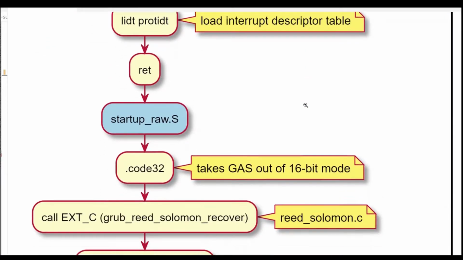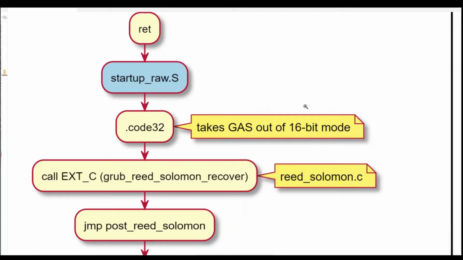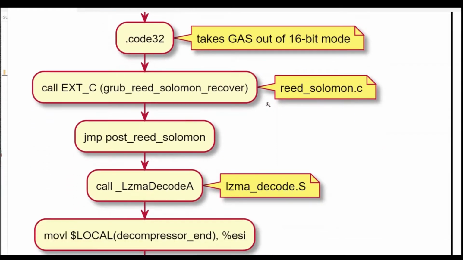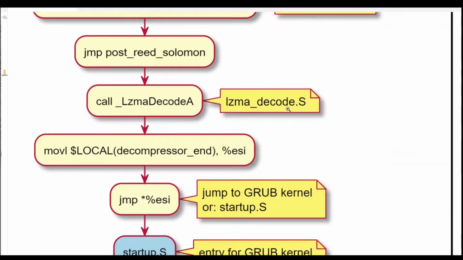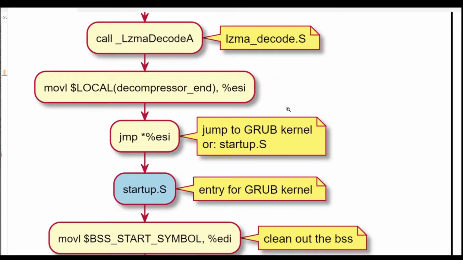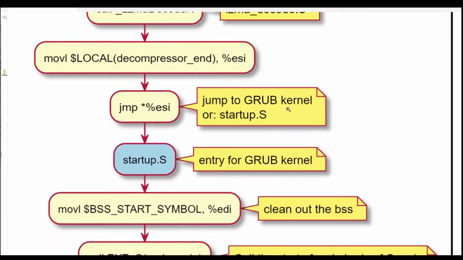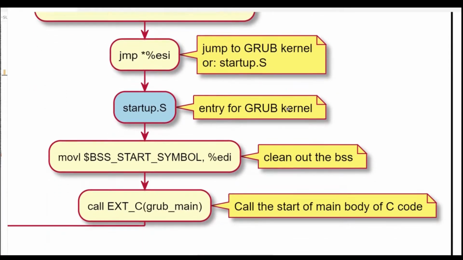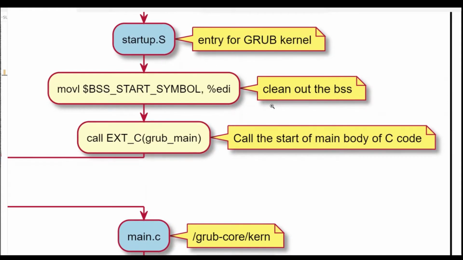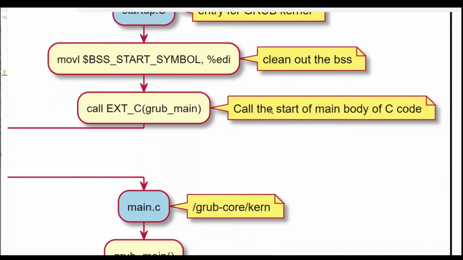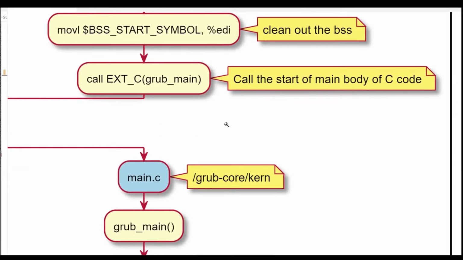After returning to startup_raw.S file, directive code32 is used to take gas assembler out of 16-bit mode, followed by running Reed-Solomon error correction code, LZMA decoder. Then jump to the entry file for grub-2 kernel, startup.S. Here BSS segment is cleared. Grub main function written in C language is called.